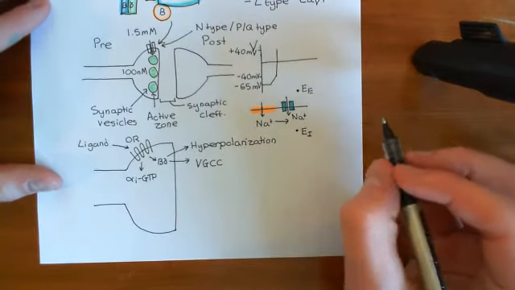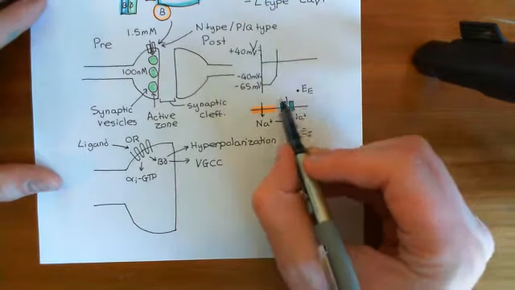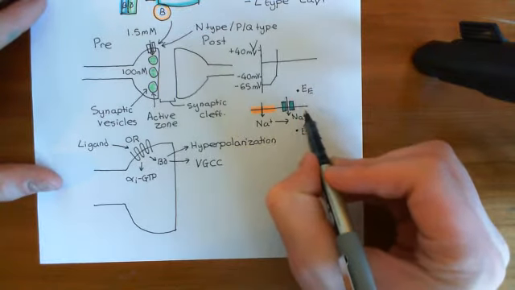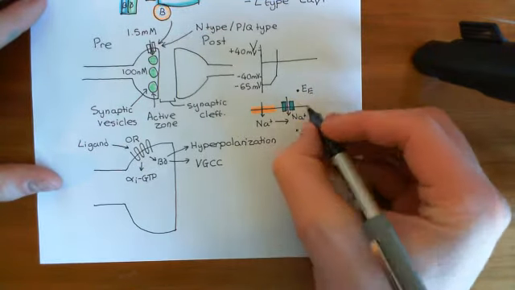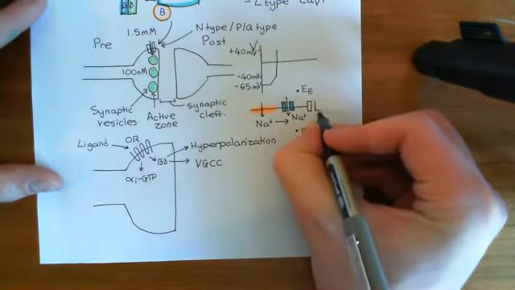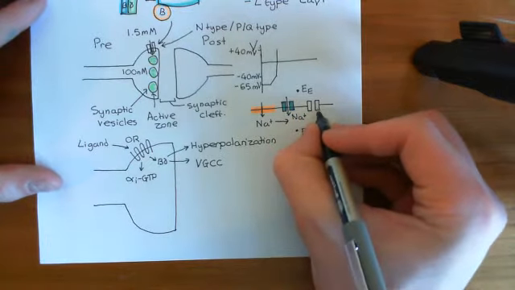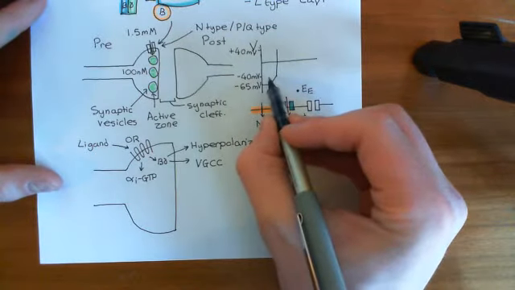Then what will happen is the voltage-gated sodium channels will inactivate, so they will close, and also the voltage-gated potassium channels will open. Now, voltage-gated potassium channels were actually activated at negative 40 millivolts as well.